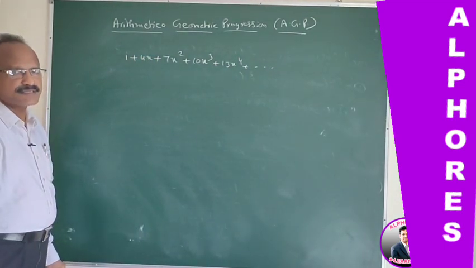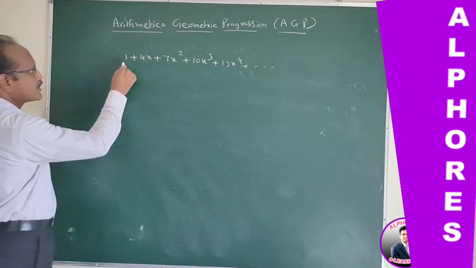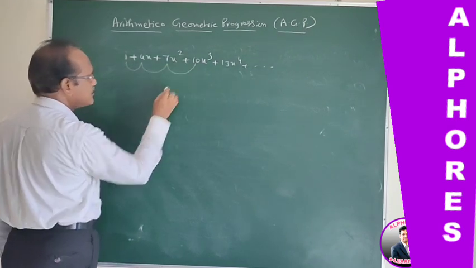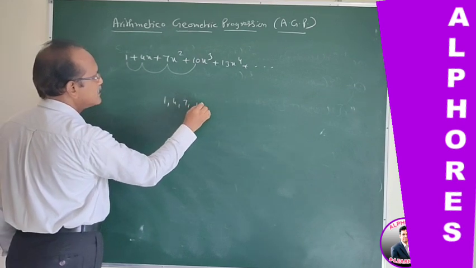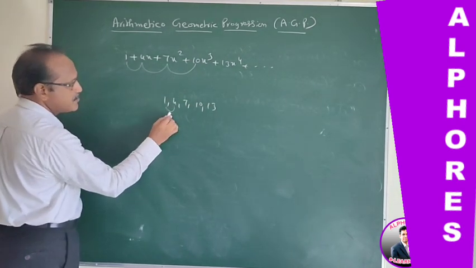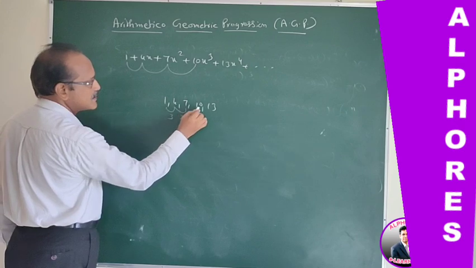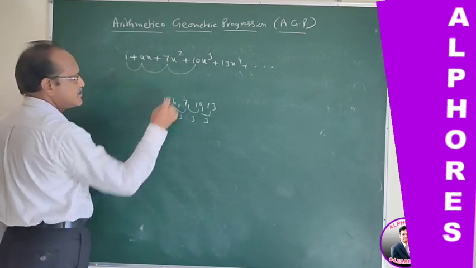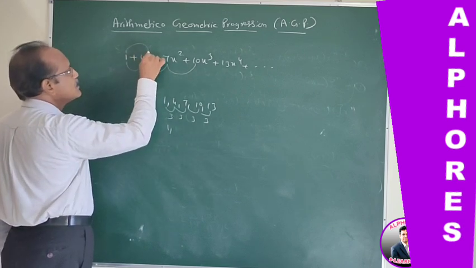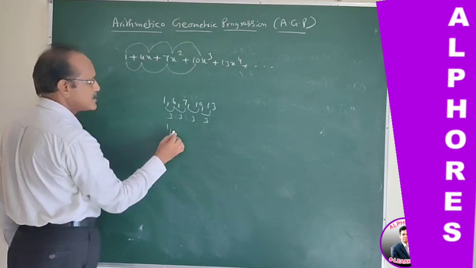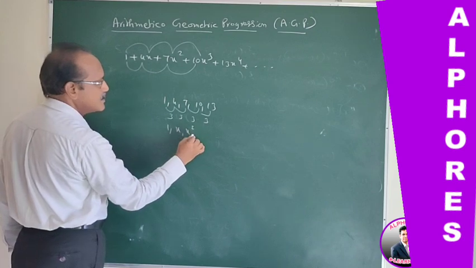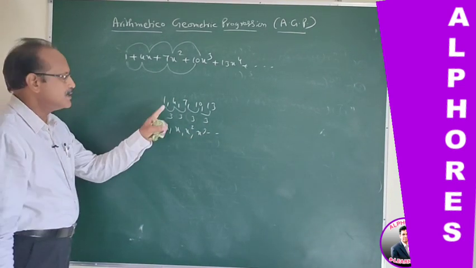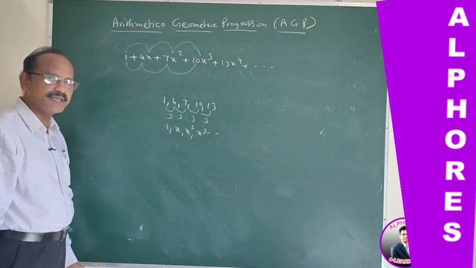Observe that this sequence is an arithmetico-geometric progression because 1, 4, 7, 10, 13 is an AP with common difference 3, and 1, x, x square, x cube, etc. is in GP with common ratio x.